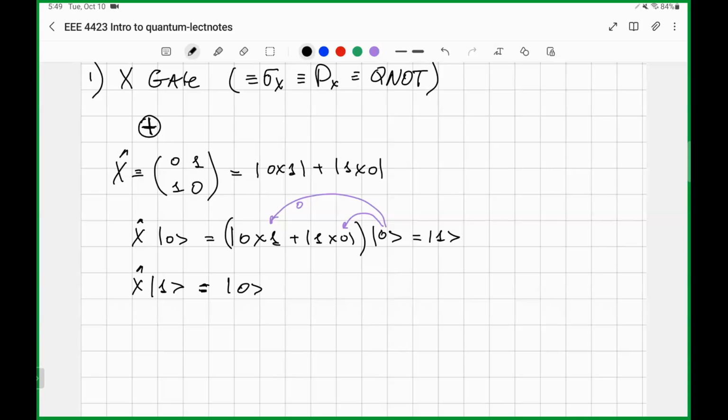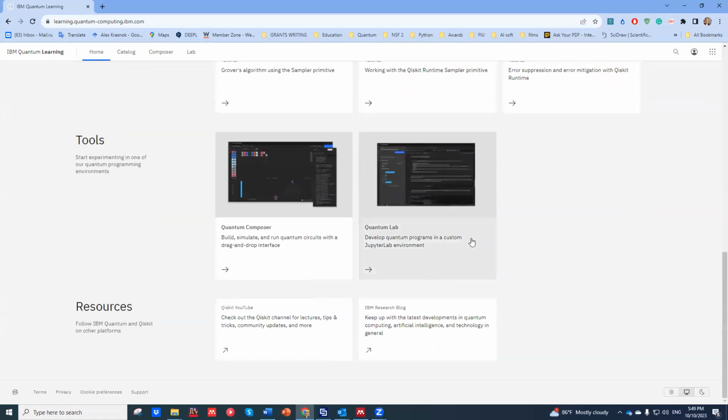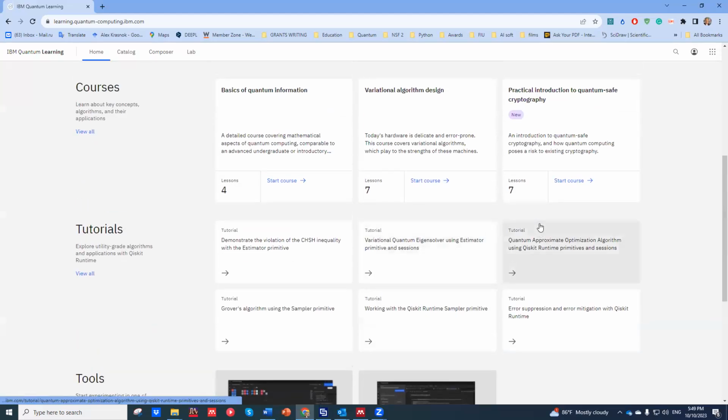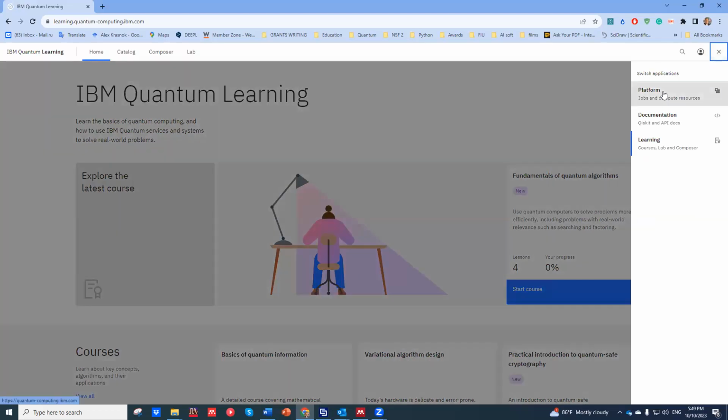Let's check this. Let me share my screen. Do you see my screen with the IBM Quantum? Yeah. So basically, as you get to the system, you go to the platform.